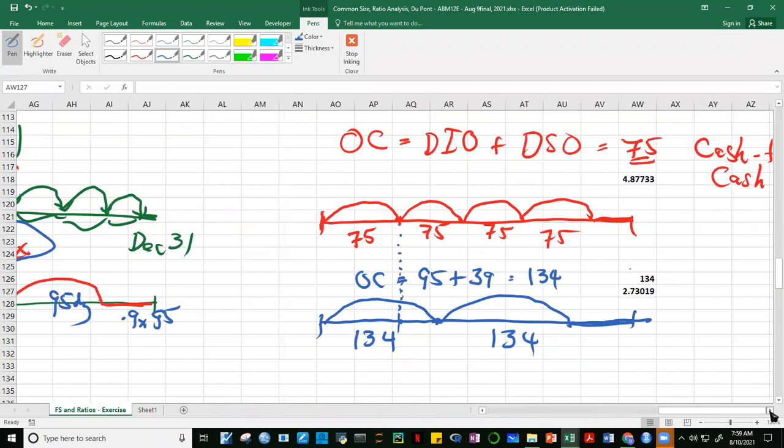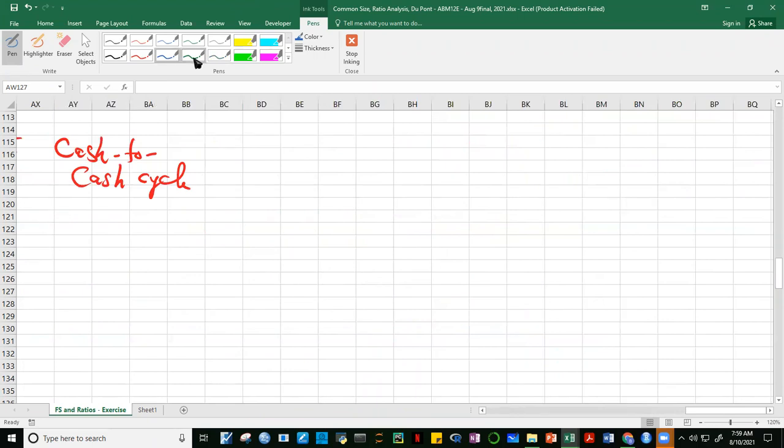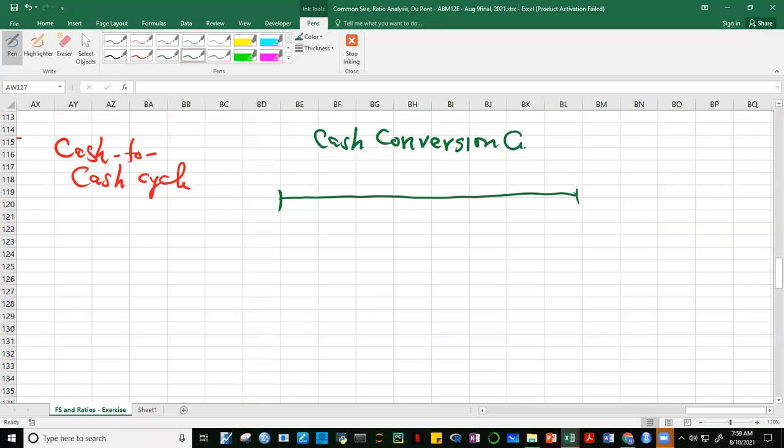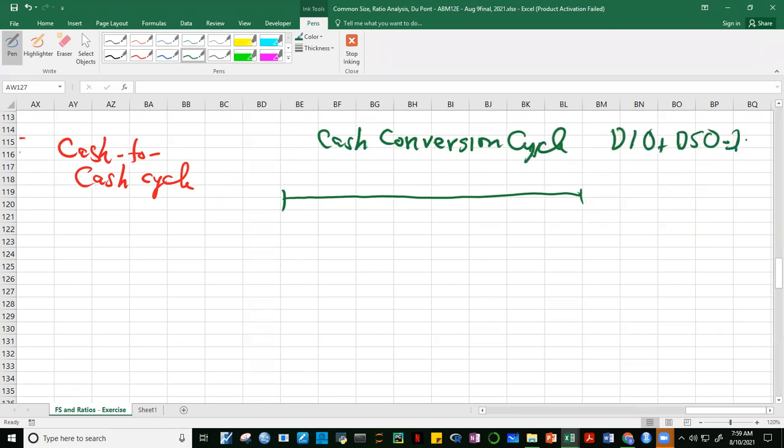So let's take a look at this. Illustrate lang natin si cash conversion cycle. Okay, so si competitor, cash conversion cycle, which is, di ba, DIO plus DSO minus DPO.